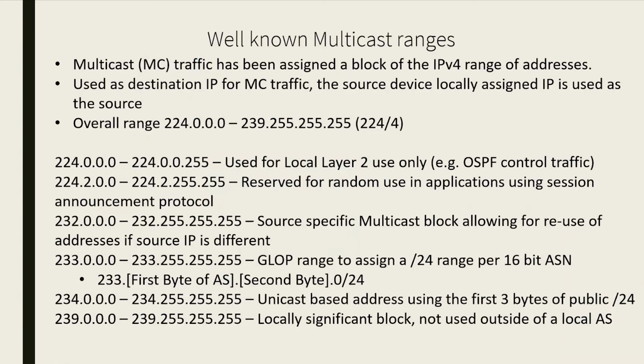There are a lot of reserved addresses there, basically. We then have another one that is used for random use, specifically in session announcement protocols. We then have another specific block, which is used for source-specific multicast. Source-specific multicast allows you to combine that multicast address with a specific source address for that multicast stream.